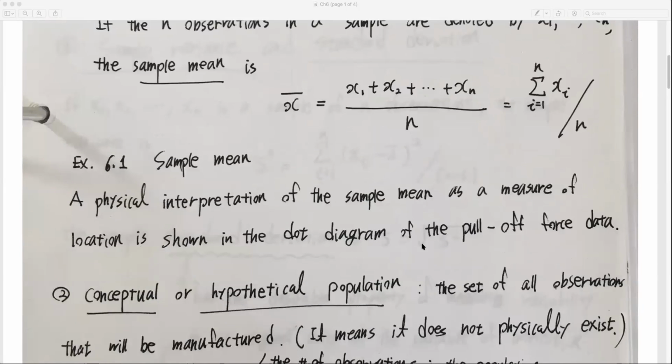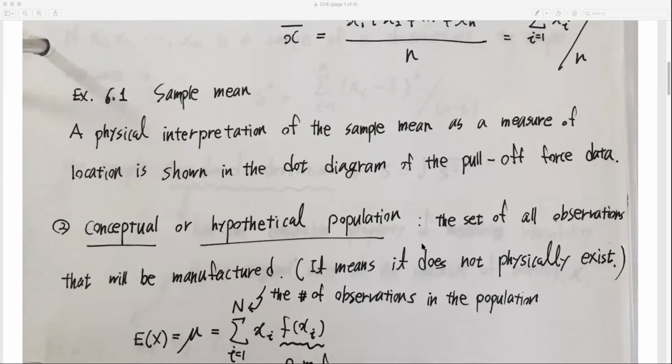Now, example 6.1. The physical interpretation of the sample mean as a measure of location is shown in the dot diagram of the pull-off force data.